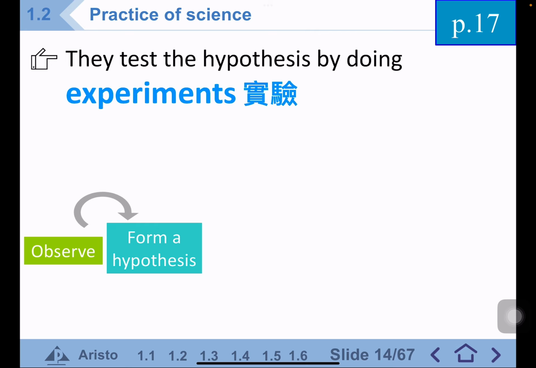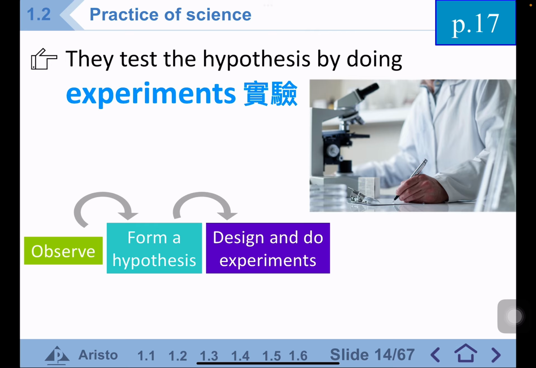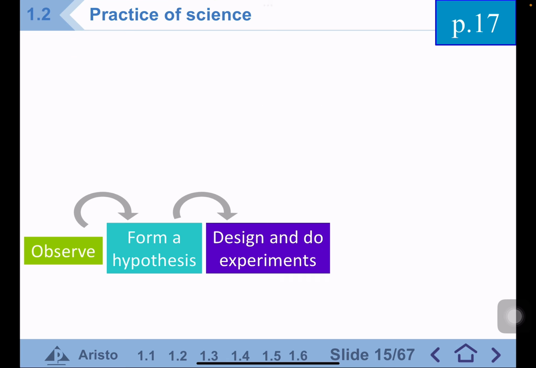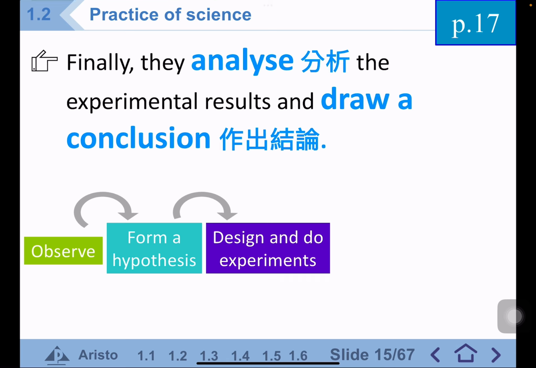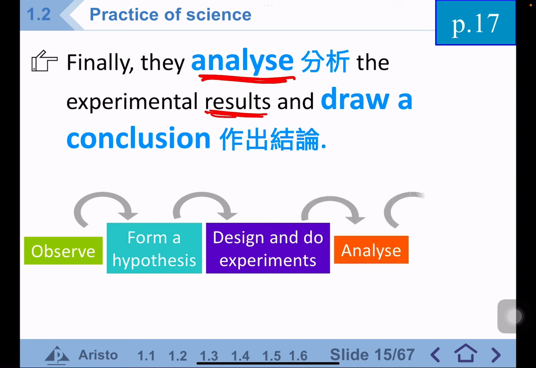And then they do the experiment to test the hypothesis, because it's just a possible answer. They are not sure whether it is true or not. They design and do experiments. And then they analyze the results, maybe draw a table or draw a graph.